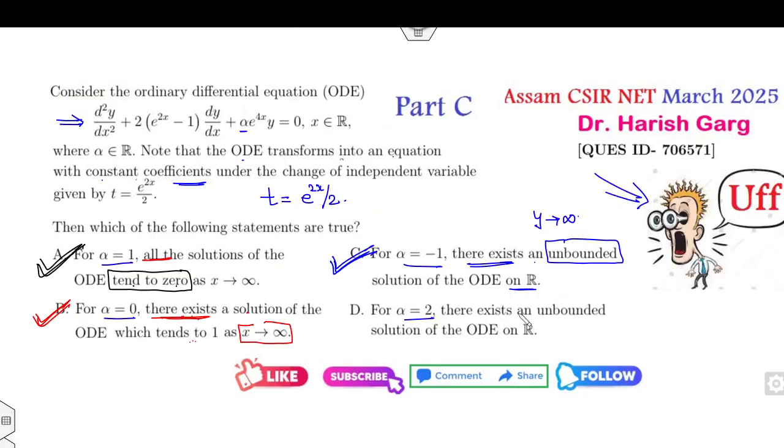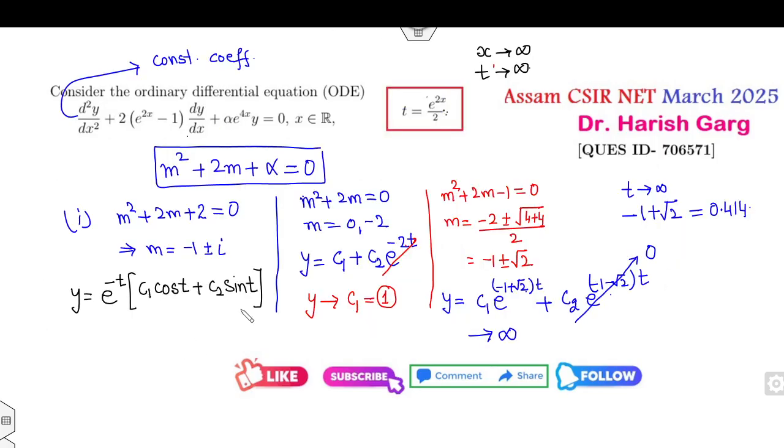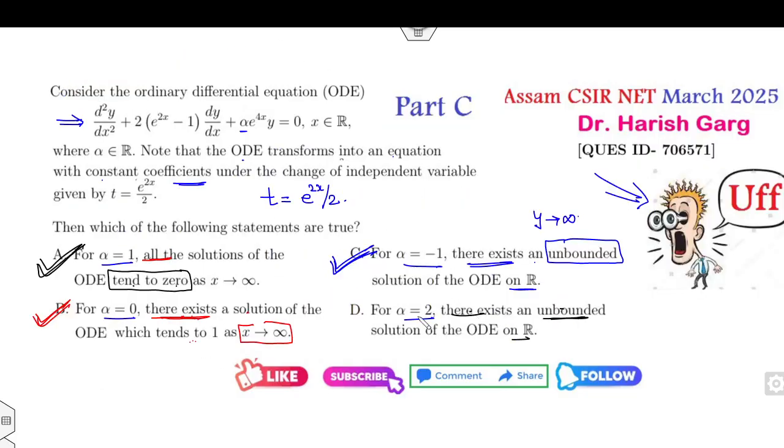Now the statement is there exists an unbounded solution on R. Whenever t approaches infinity, sine and cosine are bounded functions, and the exponential goes to 0. So y will be 0, which is not infinity. So there does not exist an unbounded solution. That's the wrong option. The correct options are A, B and C.